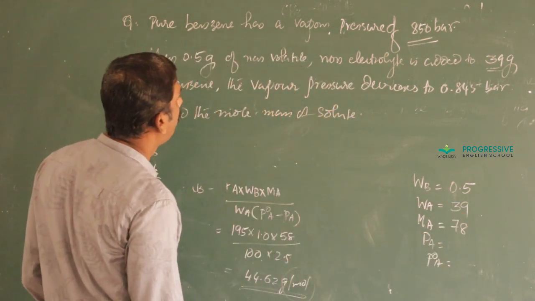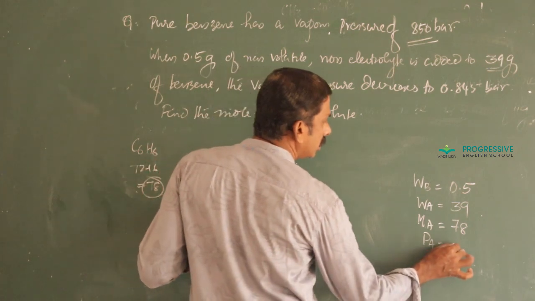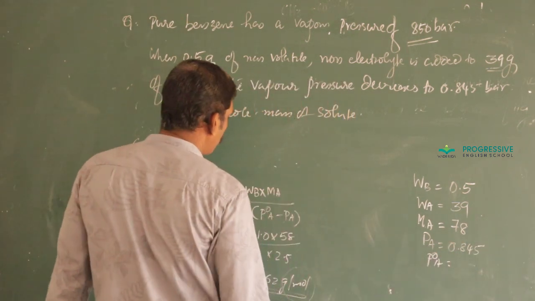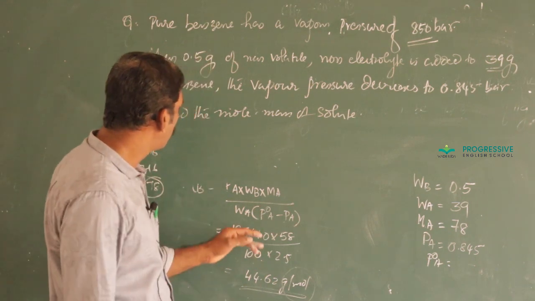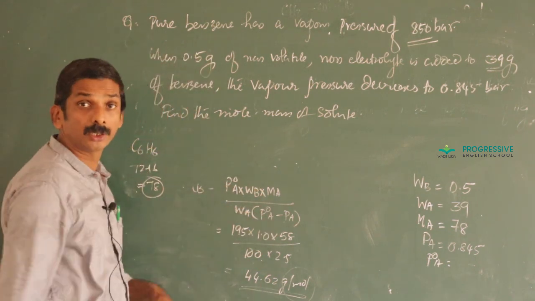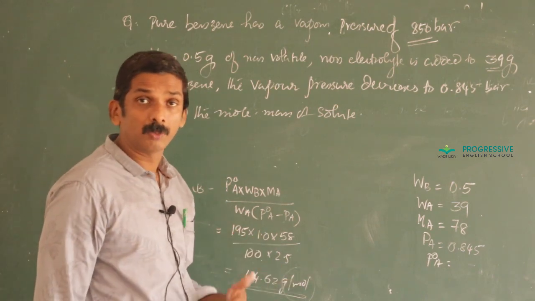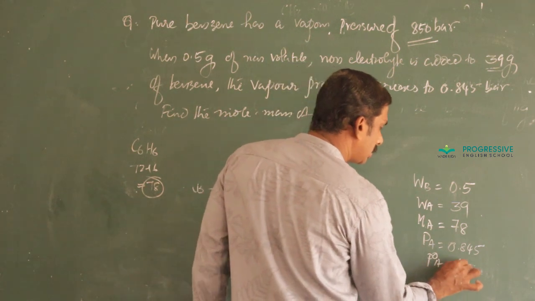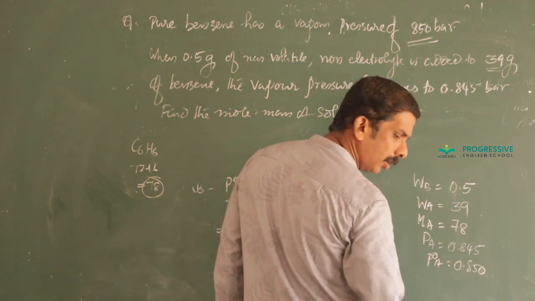What is the value of PA? 0.845 bar. Don't bother about this unit, since it is taken as a ratio it gets cancelled, whether it is in atmosphere, bar, torr, etc. P0A is 0.850 bar.